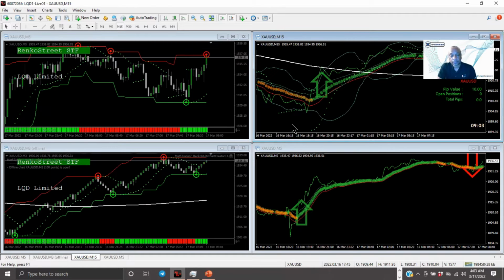So first things up, let's go into pretty much our analysis. I'm using Renko Street STF. It's a free indicator system out there online. If you guys want me to write a video on that explaining how I use the Renko Street and everything else, I can do that.